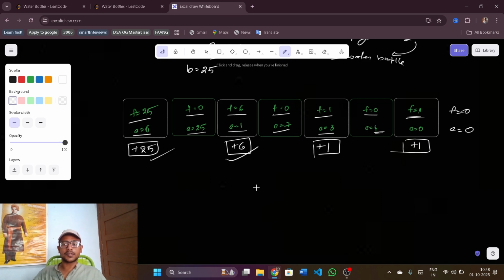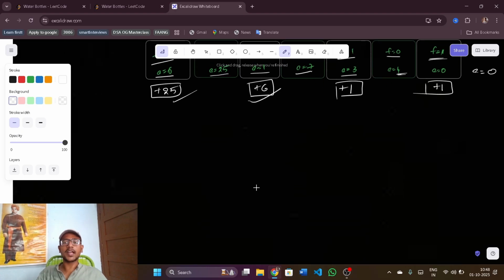Now, first, what do we need to initialize and how can we write the code for this? It is just as simple as that, but I need to tell you how we can write it in just one line, right? So the answer I am initializing as 0 and empty water bottles are also 0 and filled are nothing but num bottles, right? Now, how many are empty?